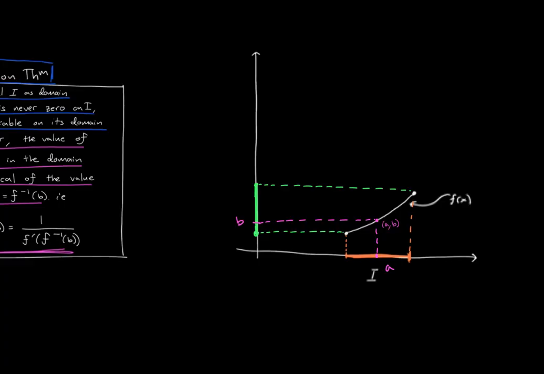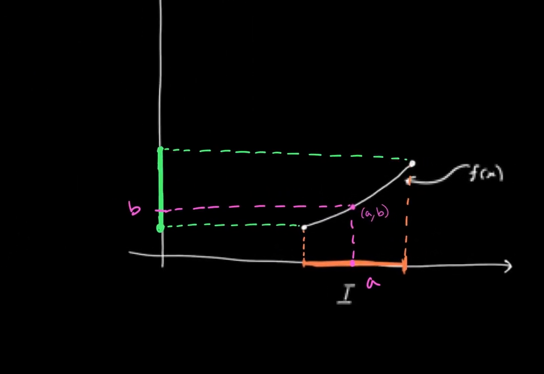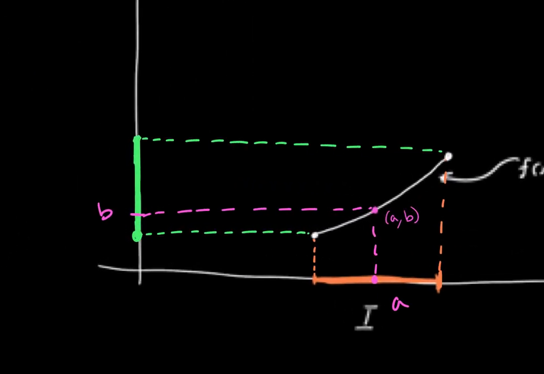And I want to talk about the slope of this guy. So this picture is going to get a little bit crowded. Let me move the (a, b) up here. Erase this. So let's say I want to talk about this guy's slope, and I'll try my best.